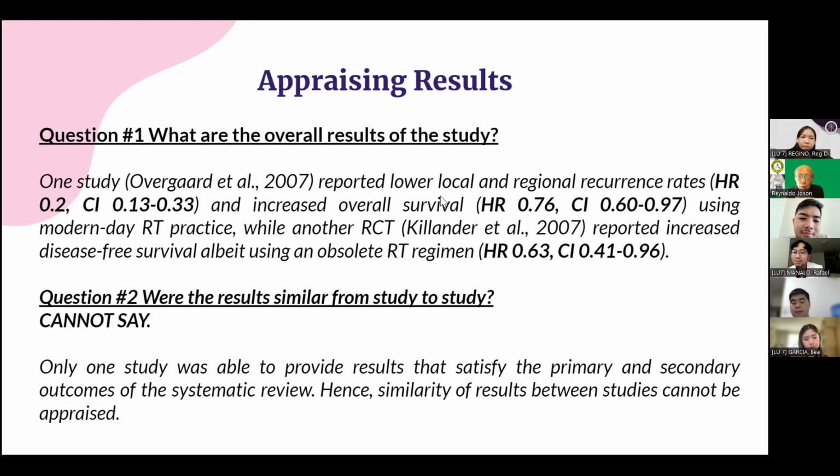Okay. So we know that RT is a local treatment, no? So RT is usually used for the chest area, the breast tumor, and or the axilla, or sometimes the clavicle, supraclavicular for the lymph nodes, no? So that's a local treatment modality.